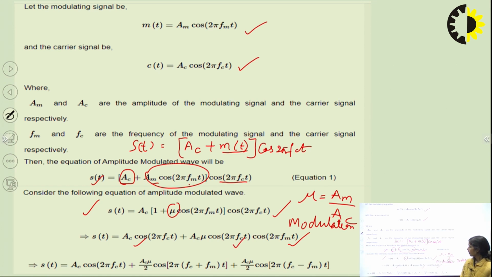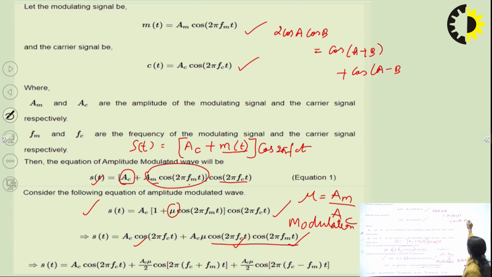After this, we apply the trigonometric identity for 2 cos A cos B, which is written as cos of A plus B plus cos of A minus B. So this identity can be used to expand this equation.